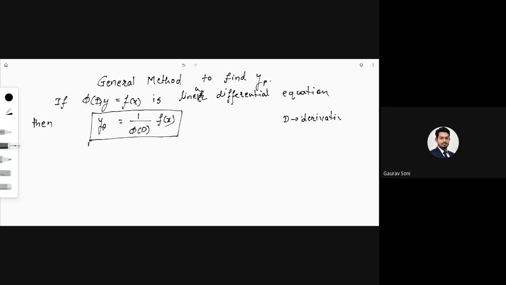If you have a polynomial in terms of D, like we have seen in yesterday's examples, D square minus 6D plus 5, then this turns out to be an operator. It is not a number. So 1 upon D square minus 6D plus 5 is acting on some function, say e to the power x plus sine x.